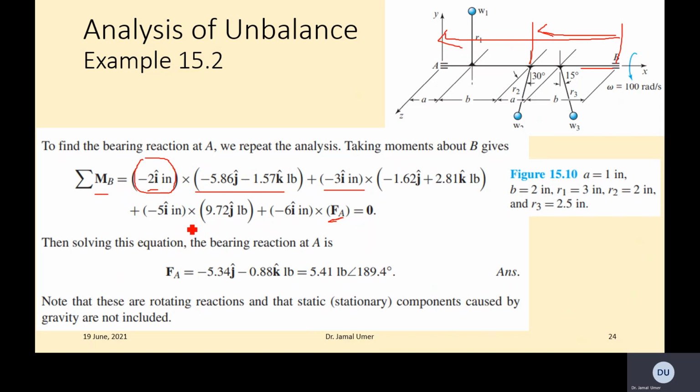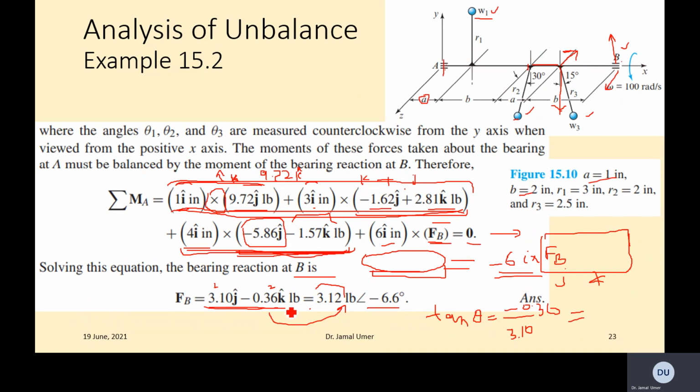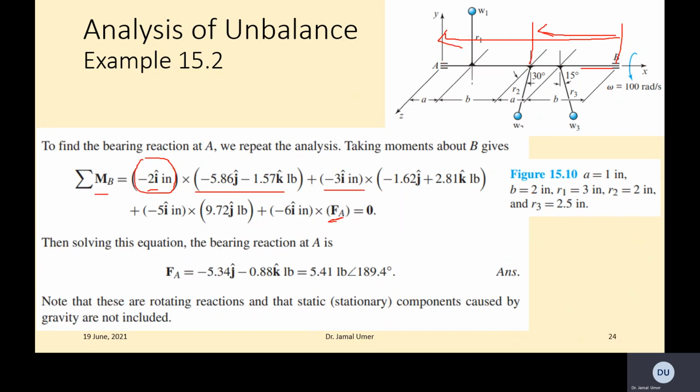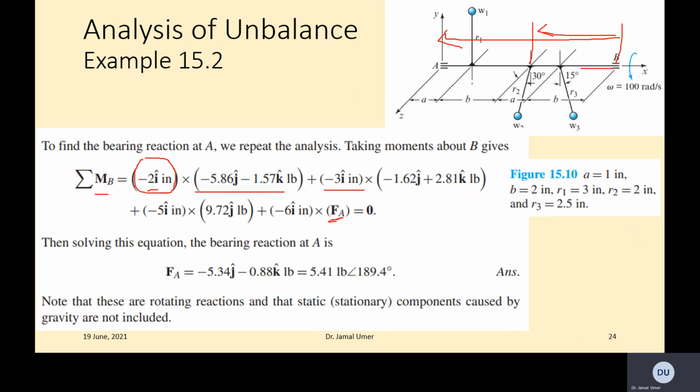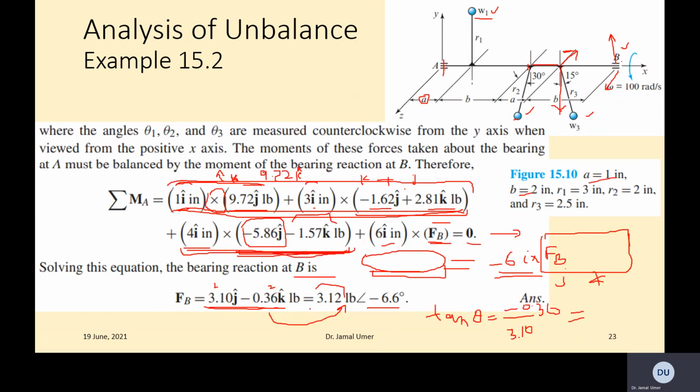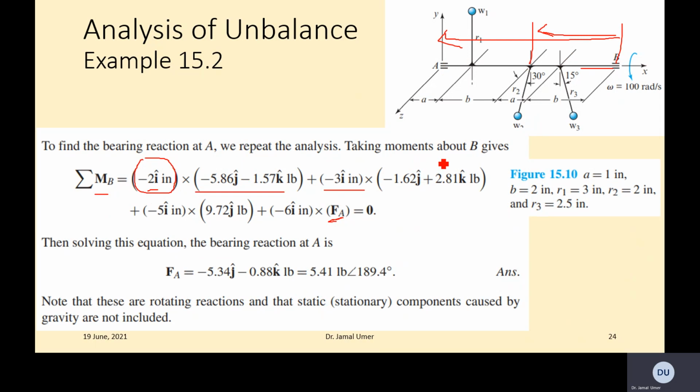So this FB, 3.10, 0.36 basically, that's already determined, and you just need to work out basically the moment at B.